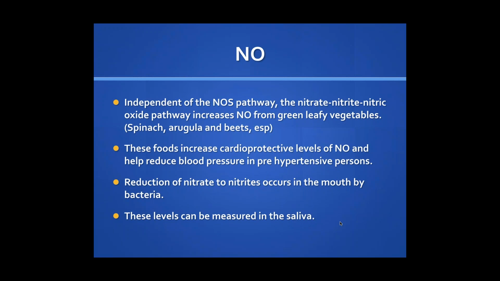The reduction of nitrites occurs in the mouth by bacteria, like we talked about, and they can be measured in the saliva. There was a question about what the sticks are called; I Googled nitric oxide saliva testers. So you can just Google that or go on Amazon and look up nitric oxide testers, and you'll probably find them there. I think they go by different names, but start there, and that should bring up something for you.